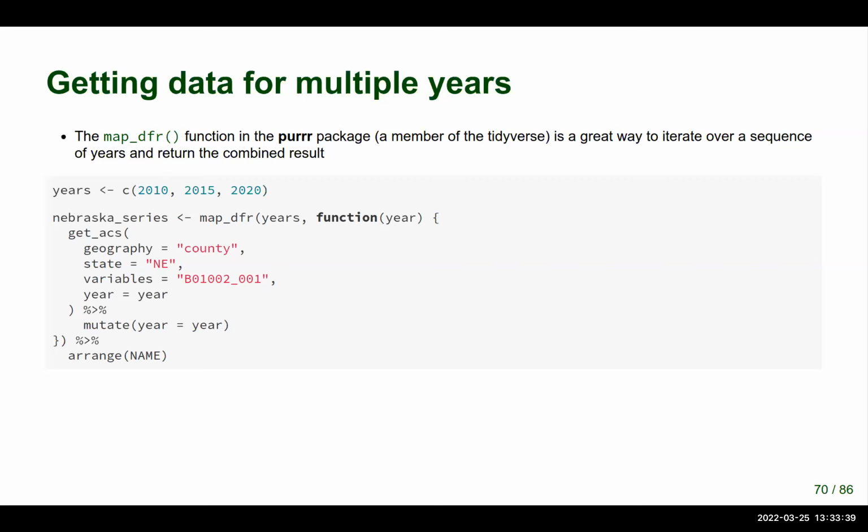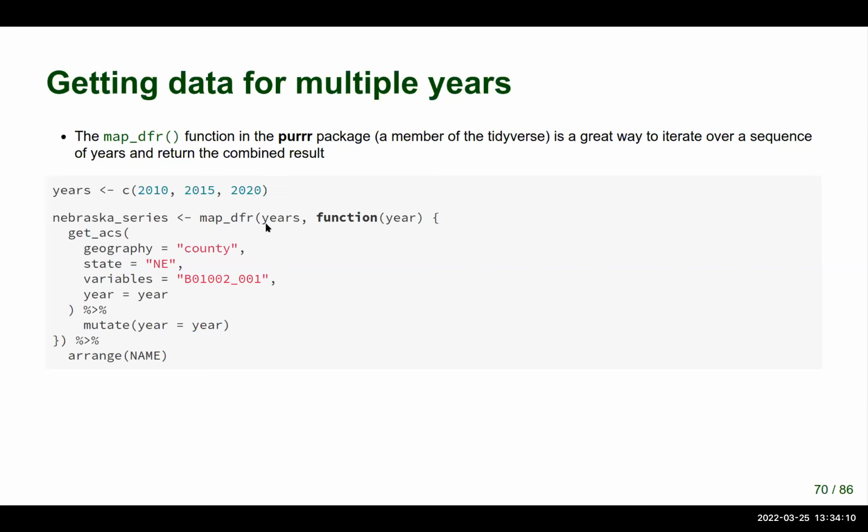So let's say, for example, we want to look at changes in median age by county over time in the state of Nebraska. We could go through and use get_acs. We could grab that for 2010, grab it for 2015, grab it for 2020, assemble the result manually, and that wouldn't be too onerous. What map_dfr allows you to do is take a sequence of years here, 2010, 2015, and 2020.